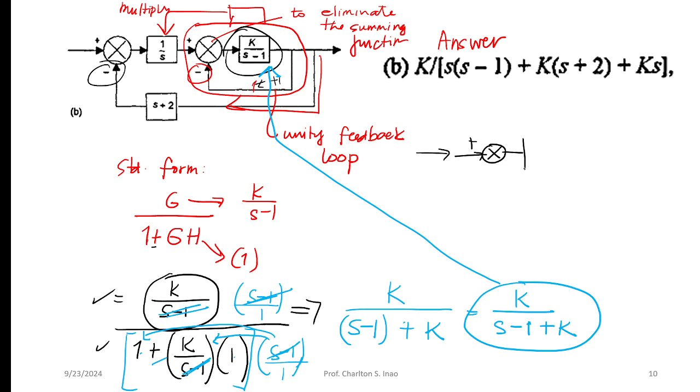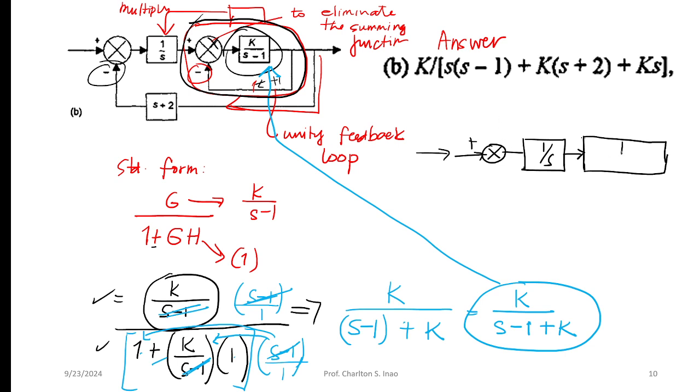Then there's a block here, 1 over S. Then this whole thing now becomes this, right? So we're going to do that because we already eliminated the summing junction, right?